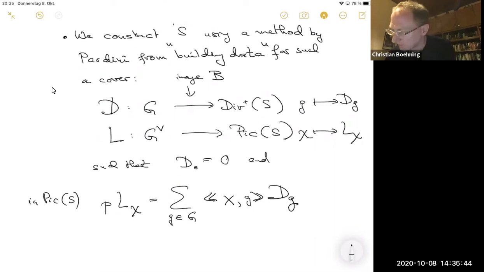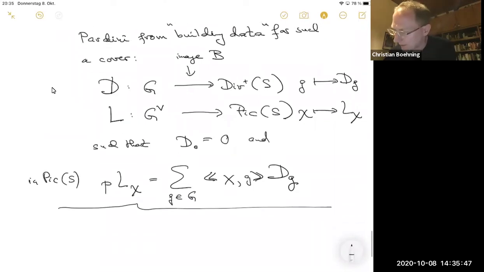So you need this kind of congruence condition to build the cover.